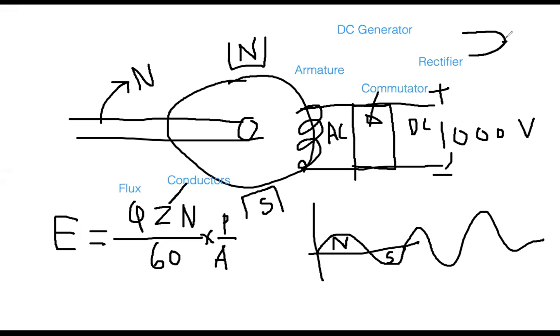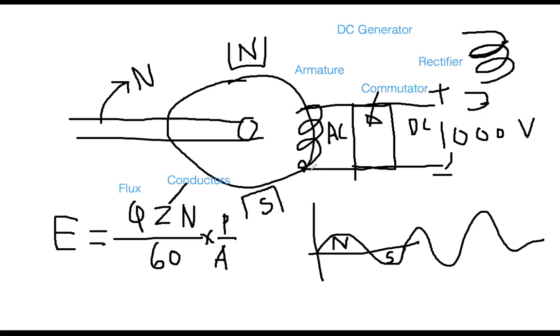From here to here, this is one conductor. From this point to this point, another conductor. And then when I am twisting, another conductor. And when I am completing the turn, another conductor. Then fifth conductor. In that way, this is called one turn of the coil, and one turn has two conductors.